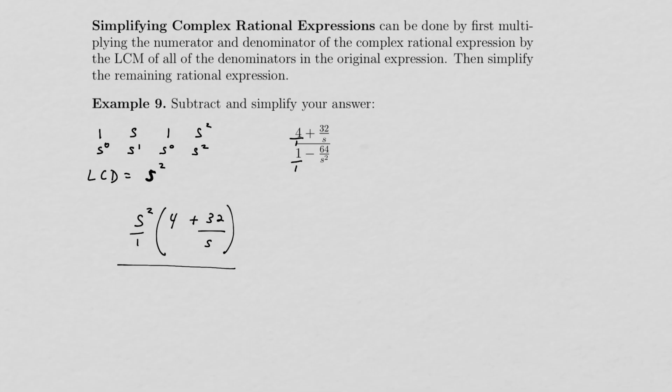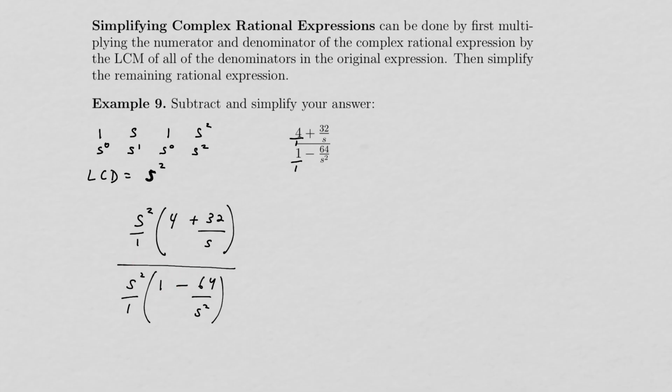And then I'm going to multiply the entire denominator by s squared. Okay. Why does that work? Because really, what's s squared divided by s squared? It's equal to 1, right? I'm not changing this. I'm just rewriting it because I'm multiplying it by a factor of 1.